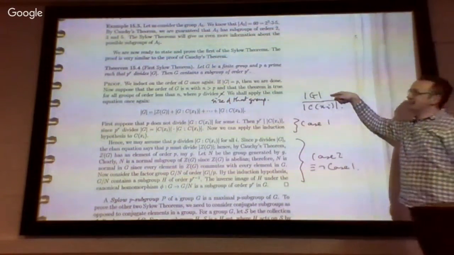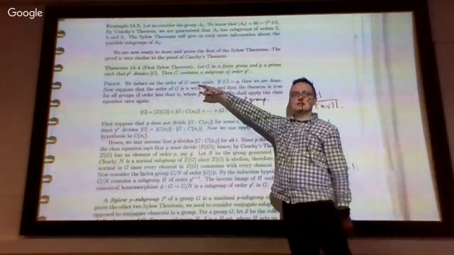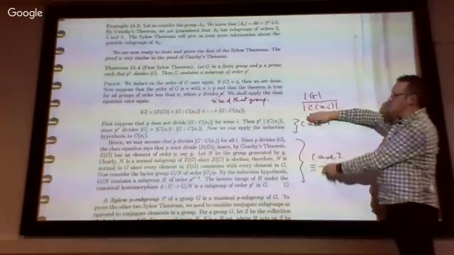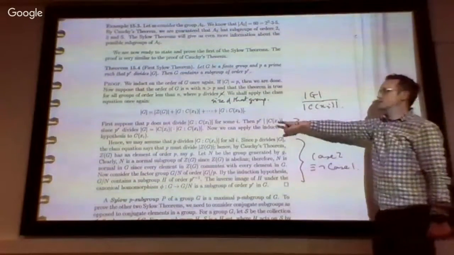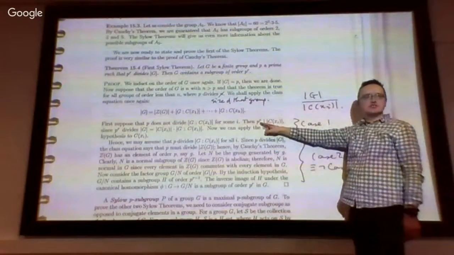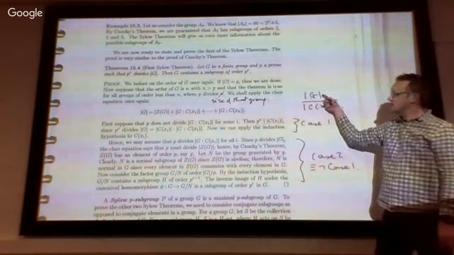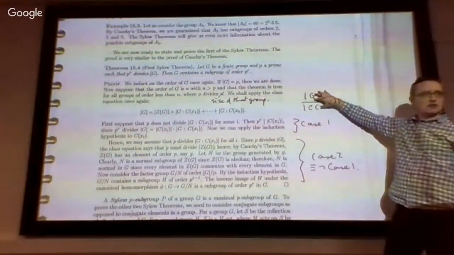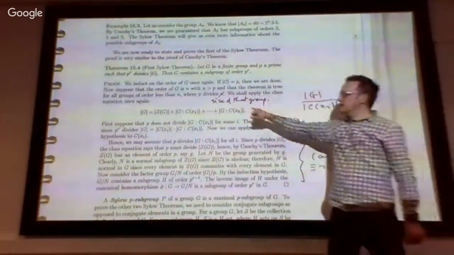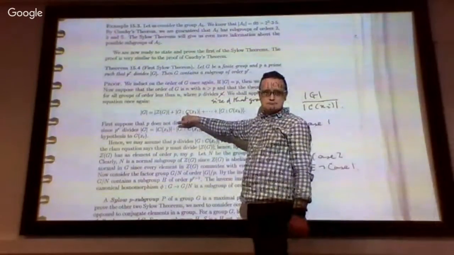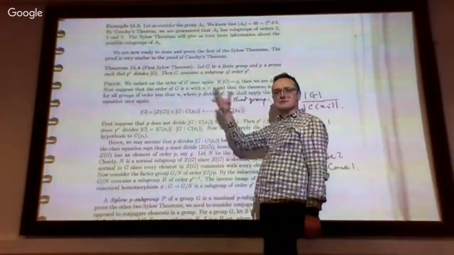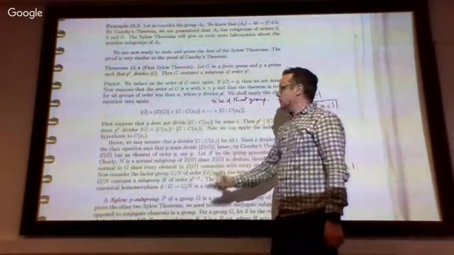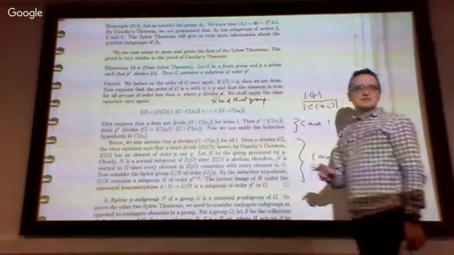The numerator has at least R factors of P, and none of the denominators are divisible by P to the R. So there's at least one P left in each ratio. So each of these terms is divisible by P. Can't say P to the R, but just P. The left-hand side is divisible by P. Therefore, the size of the center is divisible by P.